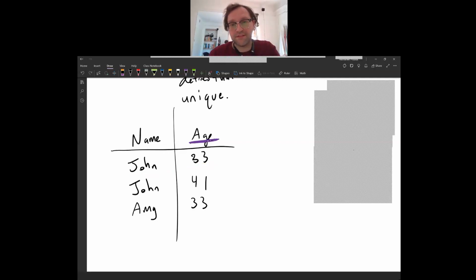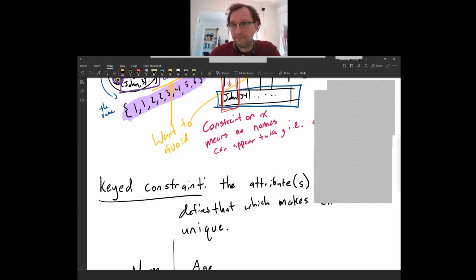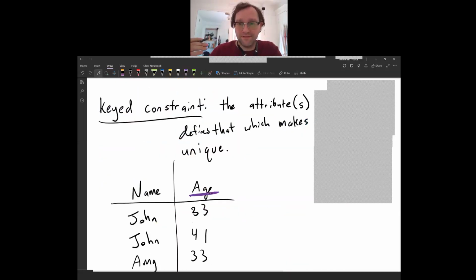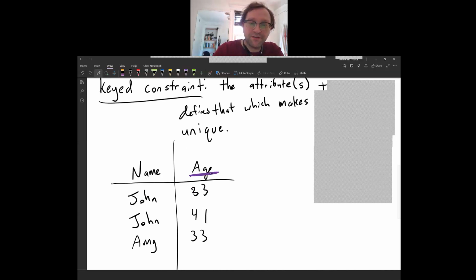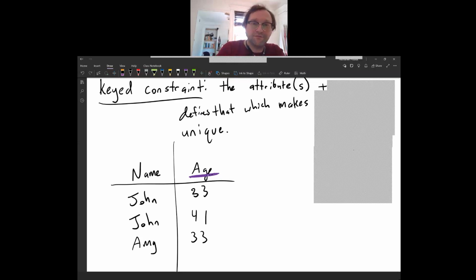Okay, so that's a keyed constraint. The attributes in which reference to things are unique. So here, if the keyed attribute is age, then all of the entries are unique by age. If it's name, then they're unique by name.